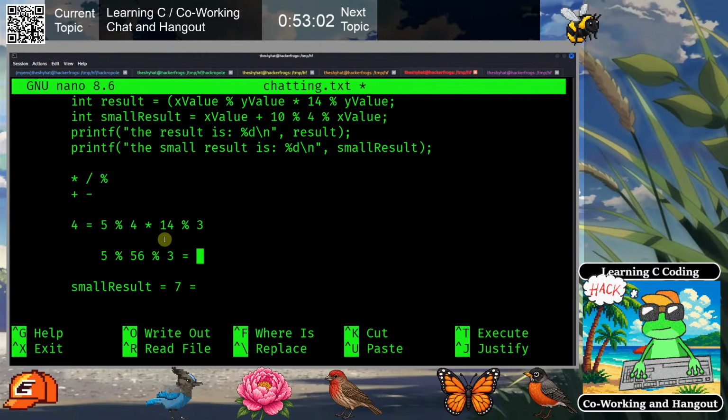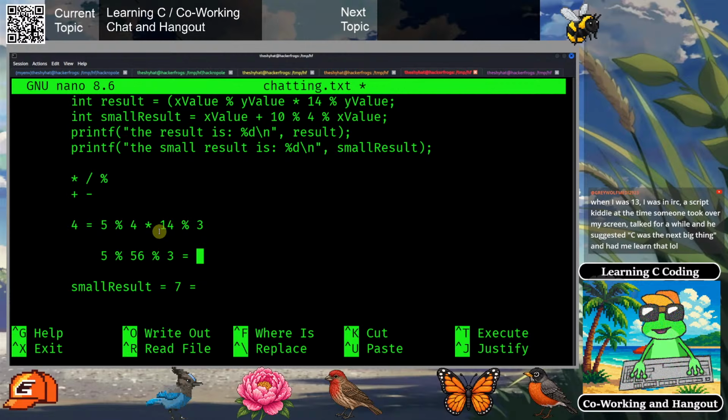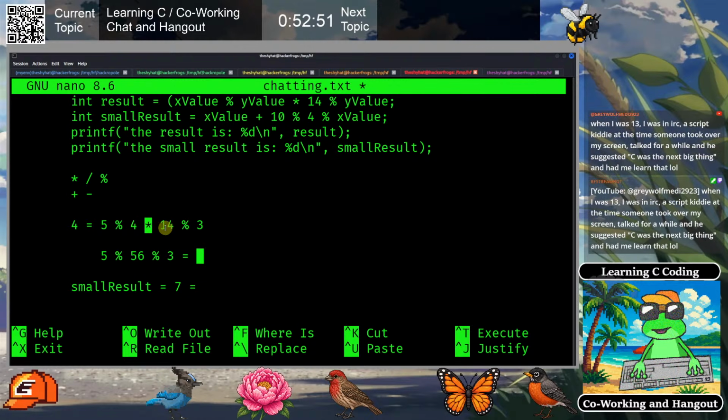If we just do this straight, 5 modulo 4 is 1. And then so 1... We can never modulo by 3 straight up to get a result of 4.